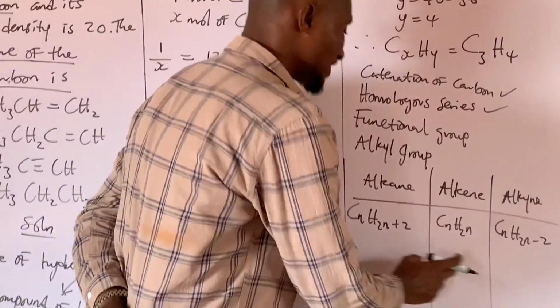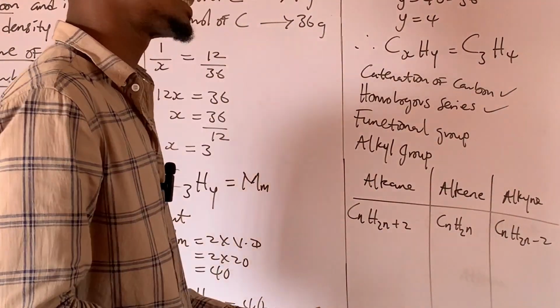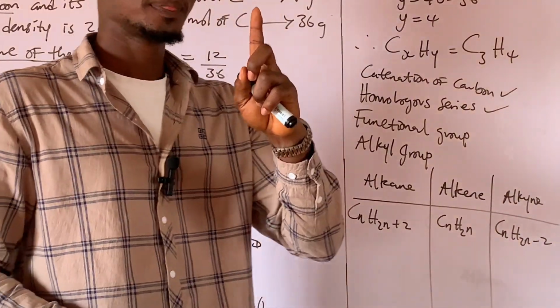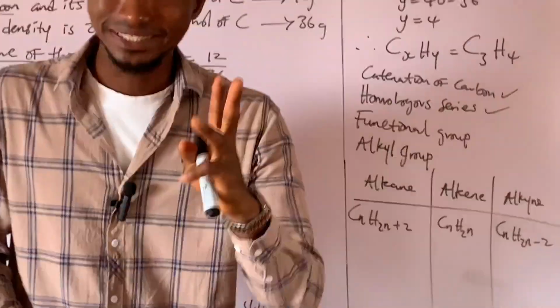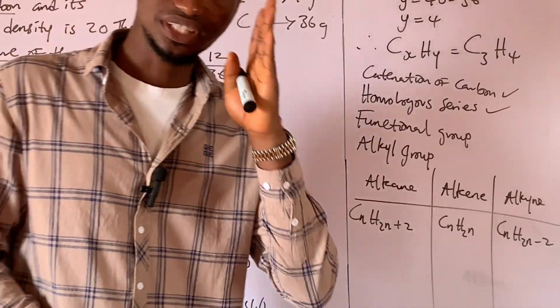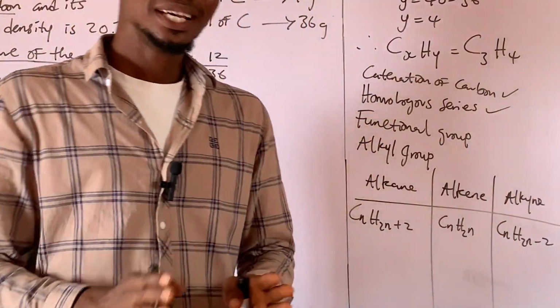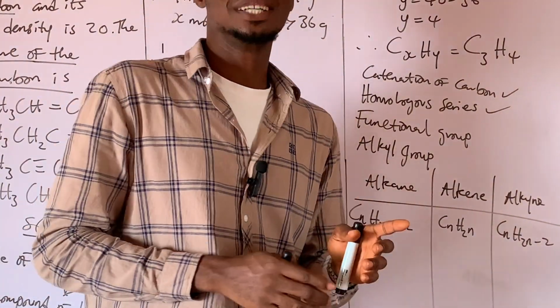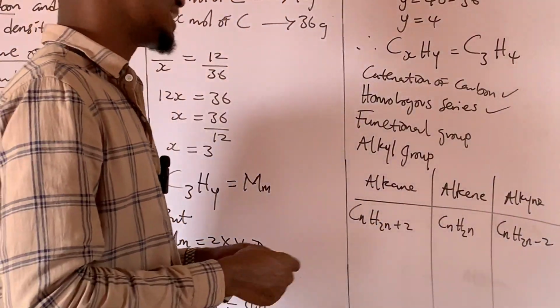Now, let's start with the second one. And don't forget that methane in alkane is 1, ethane 2, propane 3, butane 4, pentane 5, hexane 6, heptane 7, octane 8, nonane 9, decane 10. Now let's start with 2.